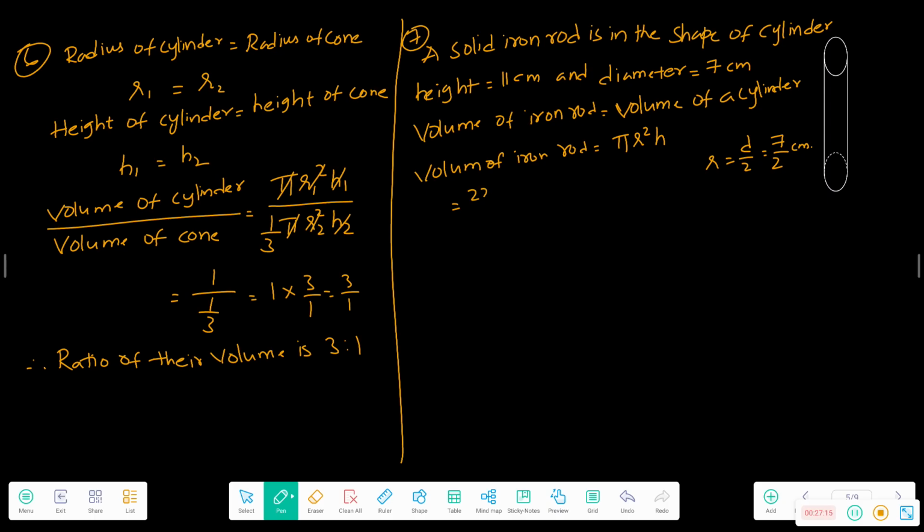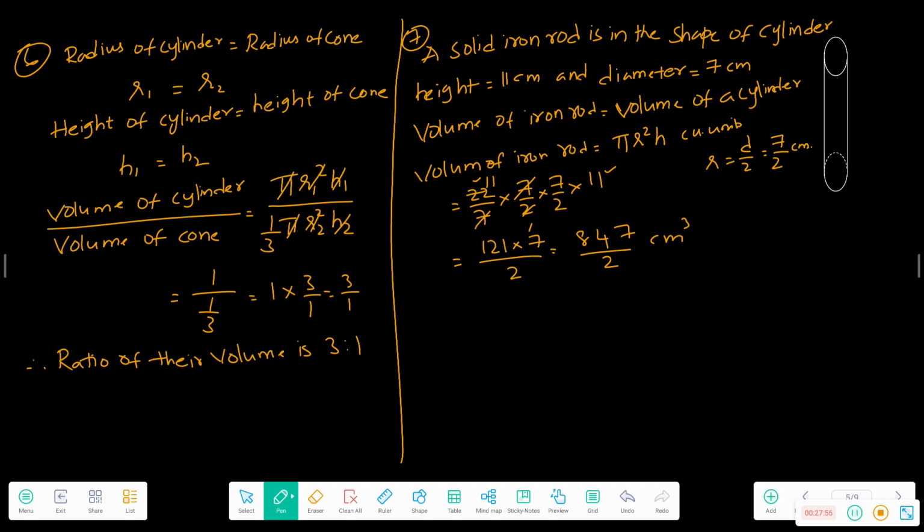So substitute in this: 22 by 7 into 7 by 2 into 7 by 2 into h value 11. Here 7 gets cancelled, and 2 ones are 2, 11s are 11. So 11 into 11 is 121 into 7 by 2, and 7 ones are 7, 7 twos are 14, 4 carry 1, it is 847 by 2 centimeter cube. It is cubic units.